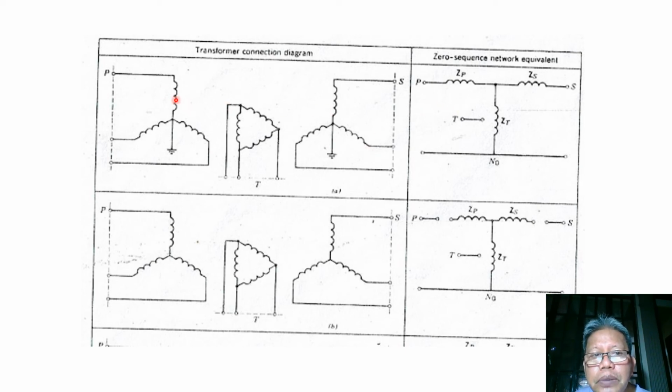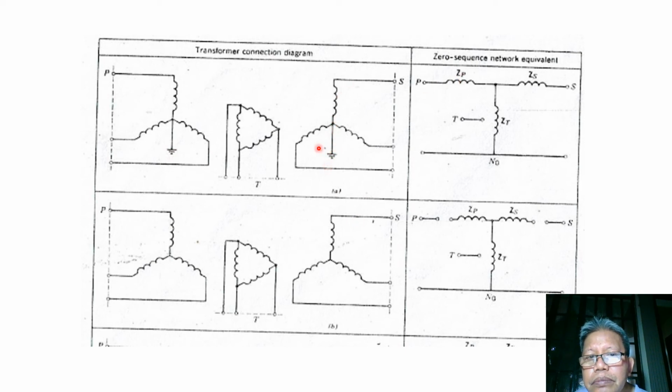Okay, now between the primary and the secondary, because we have here Y grounded, now we have a grounded connection. So our zero sequence currents in the primary can just flow through the ground to the secondary.